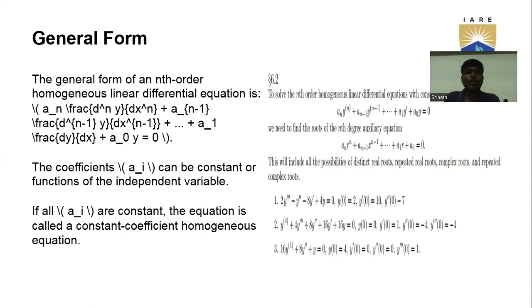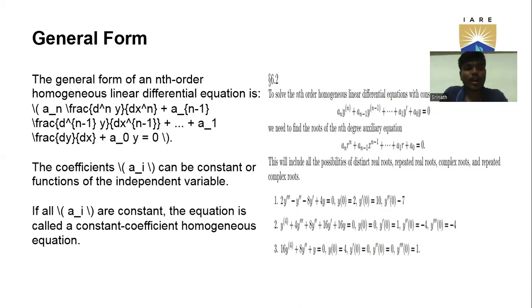Next topic, general form. The general form of the nth order homogeneous linear differential equation is this one. The coefficients a_i can be constants or functions of the independent variable.